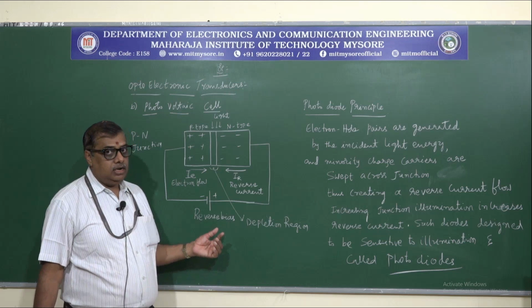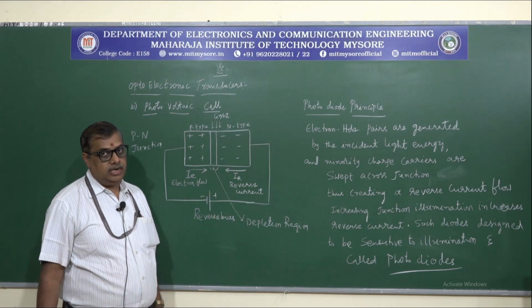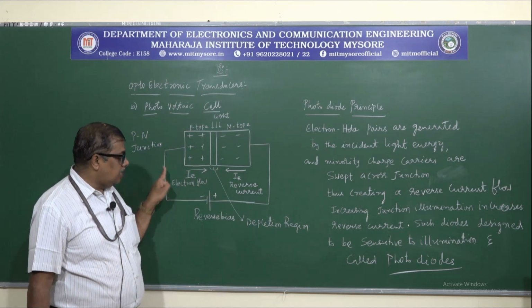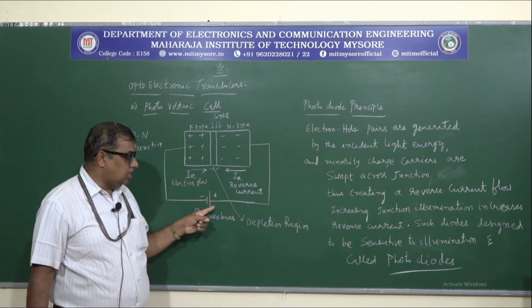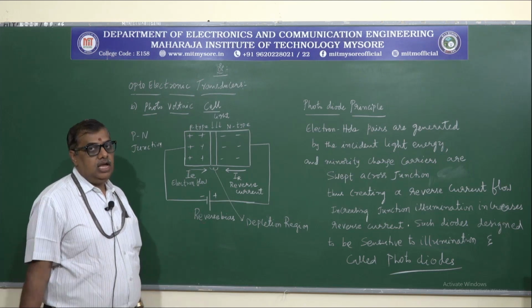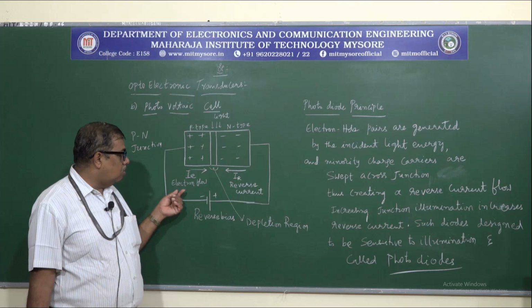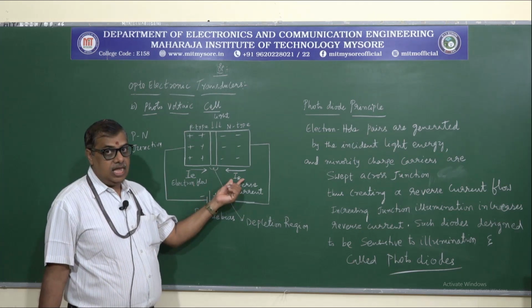But whenever a diode is reverse biased, that is, the P type material is connected to negative and the N type is connected to positive, it is called the reverse bias condition. Whenever a PN junction is reverse biased, there is a small current called the reverse current IR.